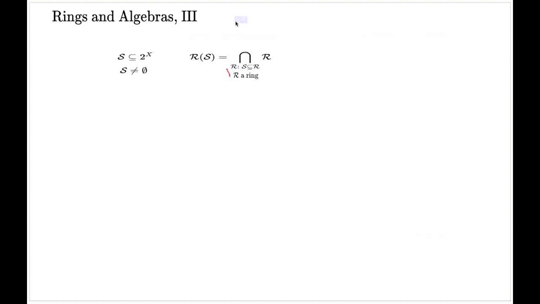This is because this large, very rich ring, the collection of all subsets, is among this class of rings, because it's a ring and it contains this collection S. So this is how we define the smallest ring containing the given collection S.